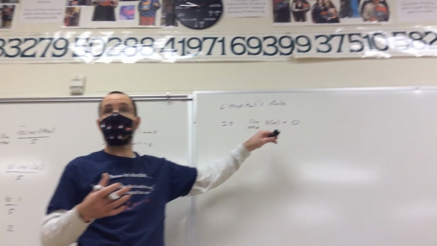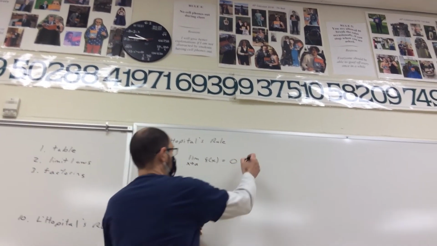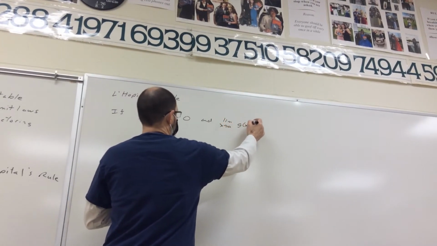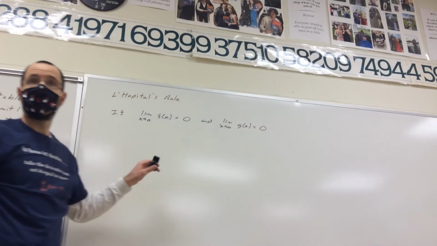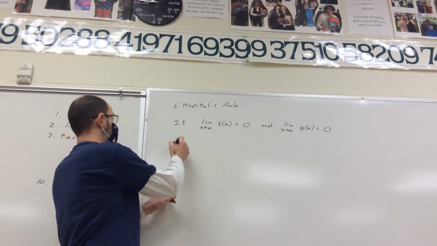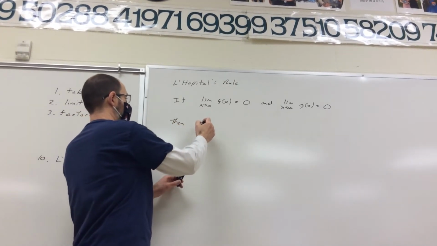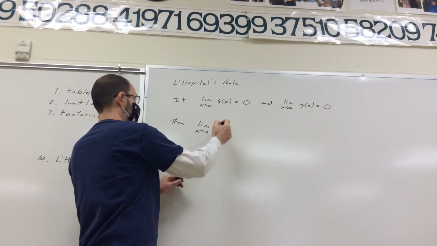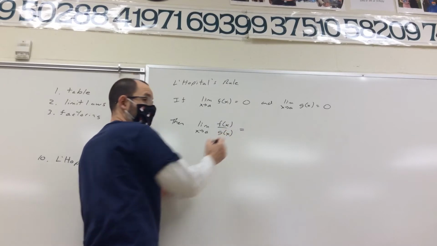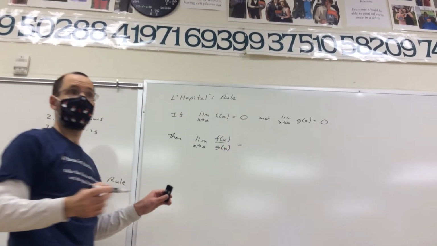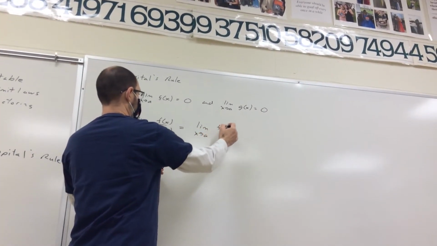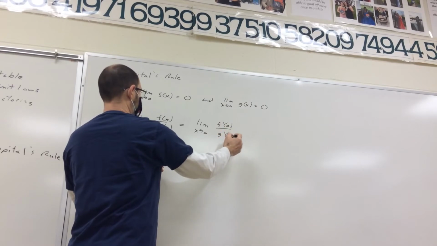So if the limit of the top is 0, and the limit of the bottom is 0, then it turns out that the limit of the top divided by the bottom will give the same answer as the limit of the top's derivative divided by the bottom's derivative.